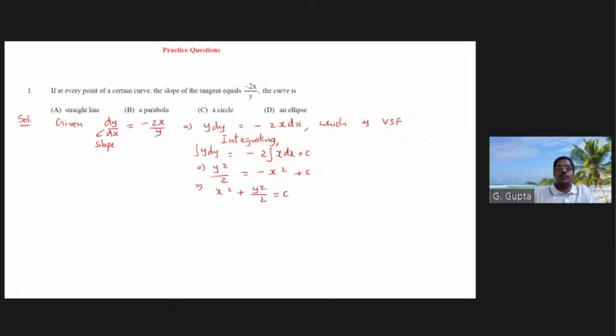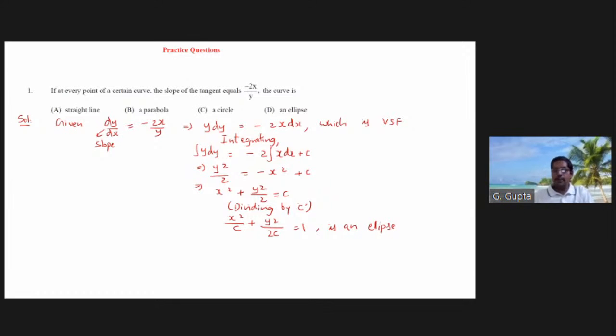Dividing both sides by c, you will get x square by c plus y square by 2c is equal to 1, which is an ellipse. Do you all remember the ellipse? Long back I told you the geometrical interpretation, coordinate geometry in calculus.